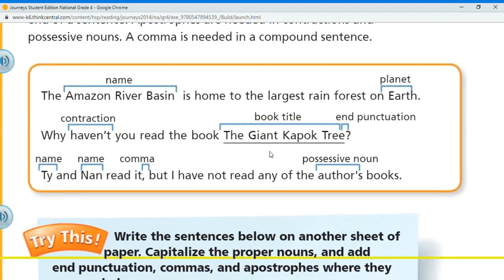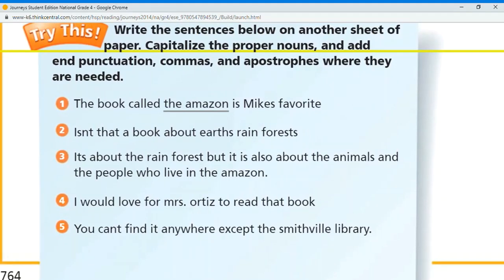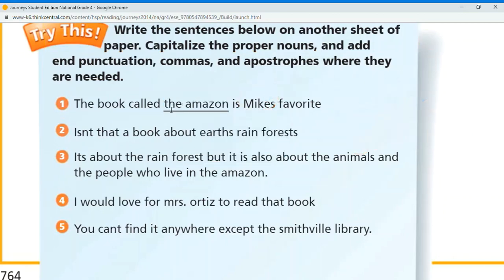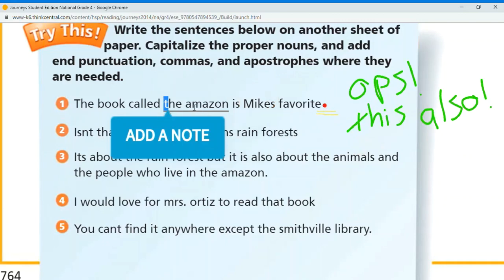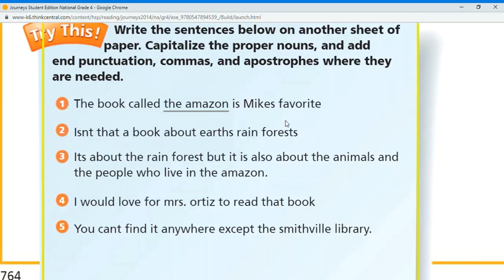Okay, guys. Let's go down to try this, and here, guys, we have some mistakes and we need to correct them. The first one, the book called The Amazon is Mike's favorite. So here, guys, we need to what? We need to capitalize The Amazon here, the T and the A, because it's a book title.